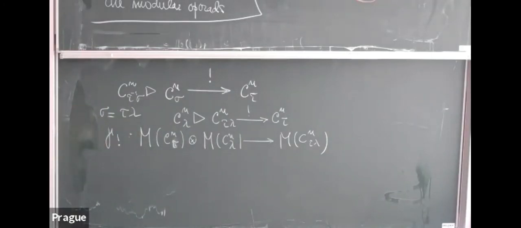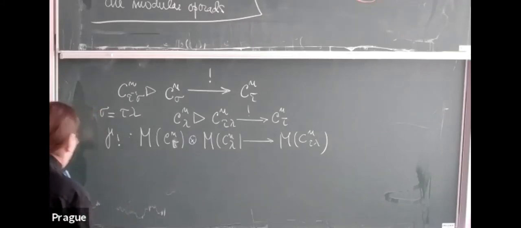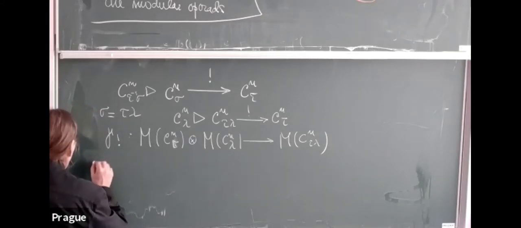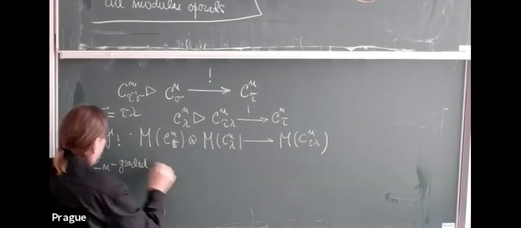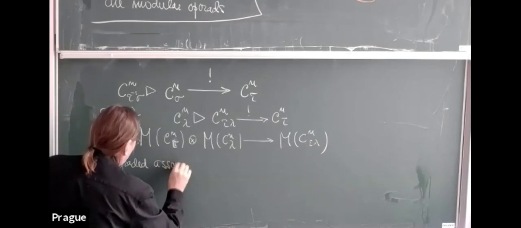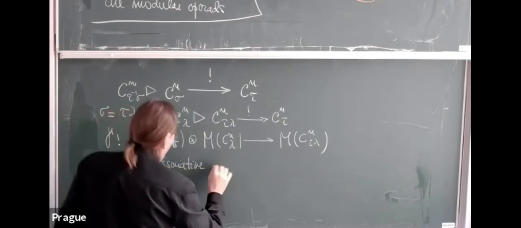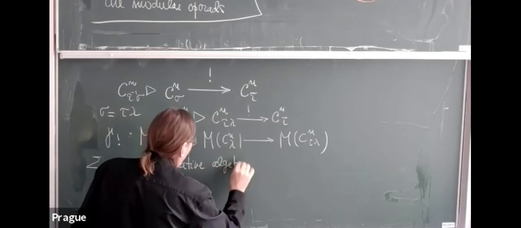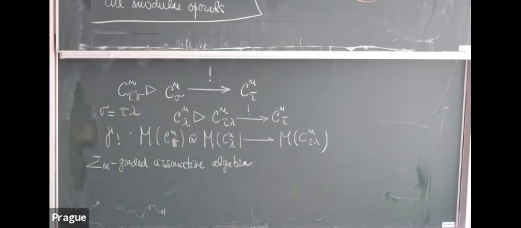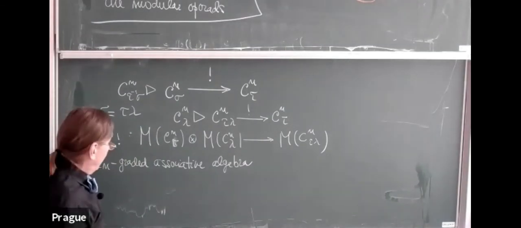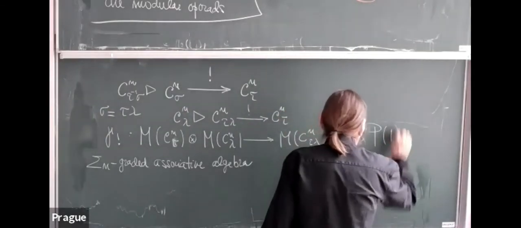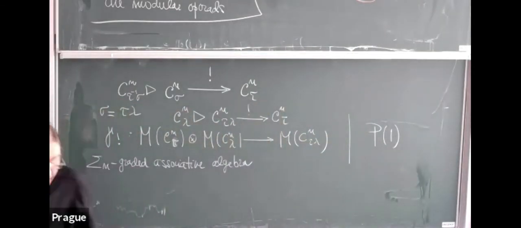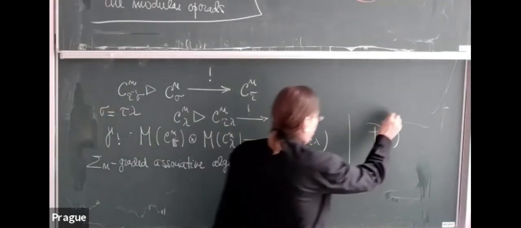And if you expand the axioms, you'll find out that what you get here is actually a sigma_n graded associative algebra. I believe the notion of sigma_n grading is obvious, and it has to be compared to P(1) of a traditional operad, which is an associative algebra or associative monoid.